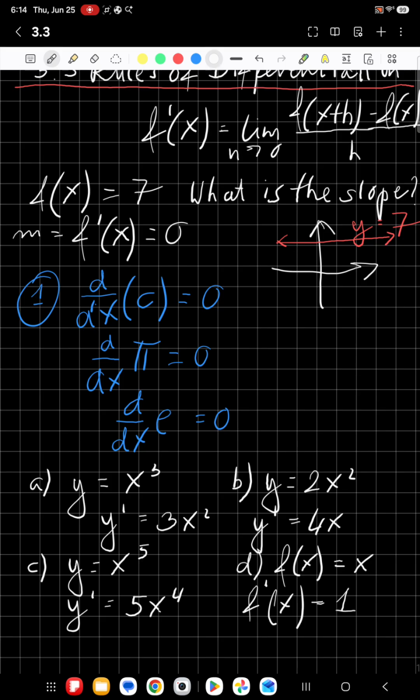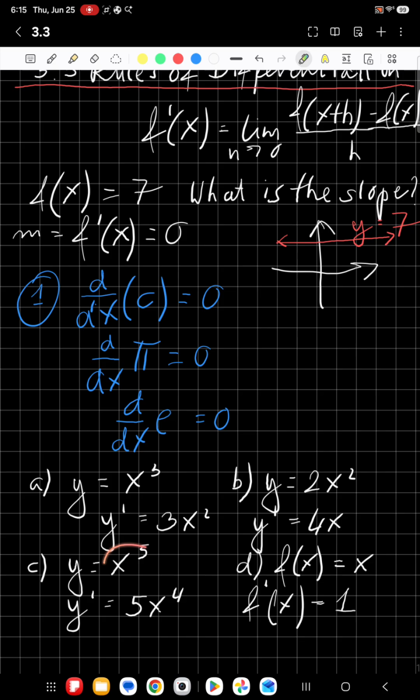I hope you figure out what's happening. I can tell you: that 3 is going to go to the front, and then this exponent was 3, so I subtract 1 from that exponent. That's what happened everywhere.